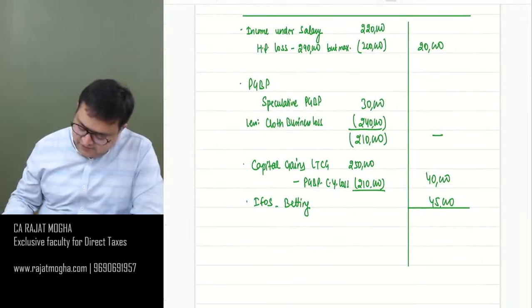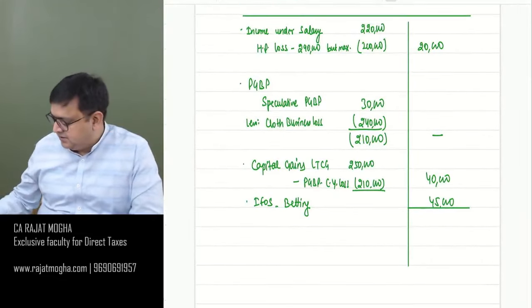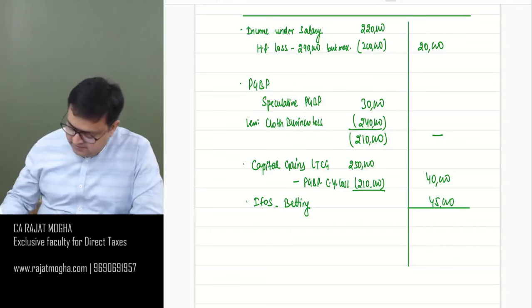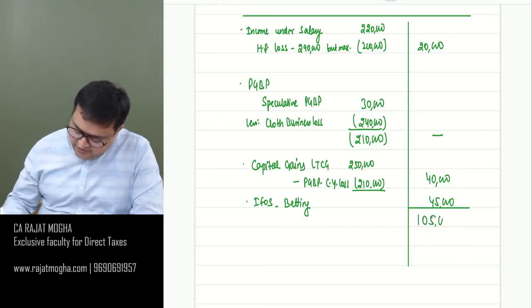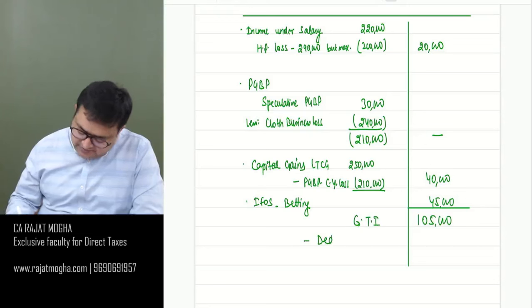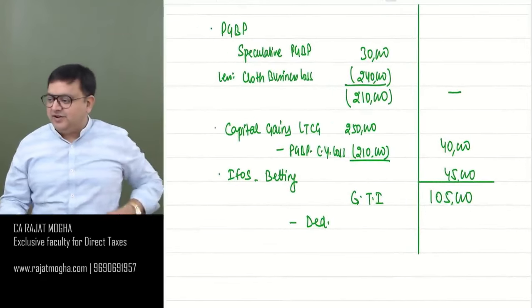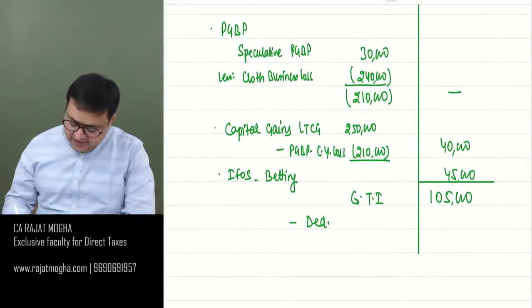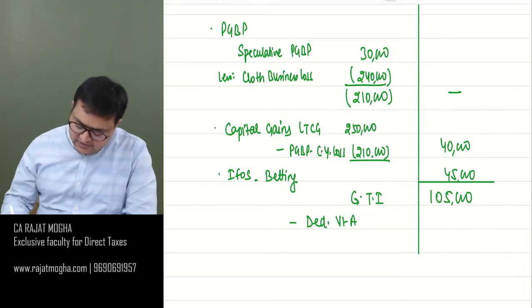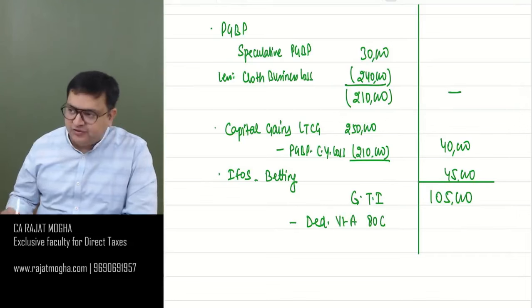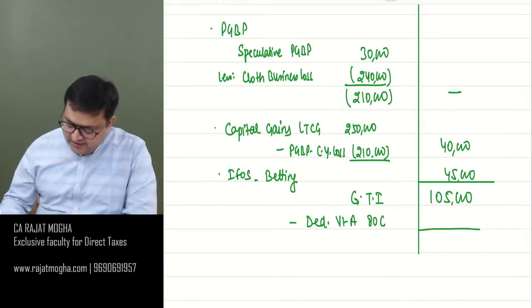So we have 20 plus 40 plus 45, 1,05,000. This is the GTI minus deductions under chapter 6A. Since we are following optional regime, GTI 1,05,000 minus deduction under chapter 6A. 80C, we have life insurance premium paid, and then we'll get our total income.